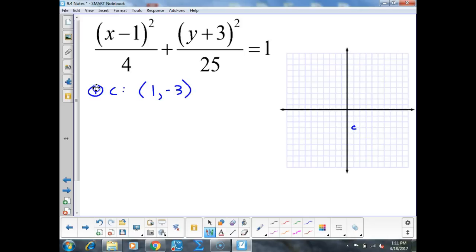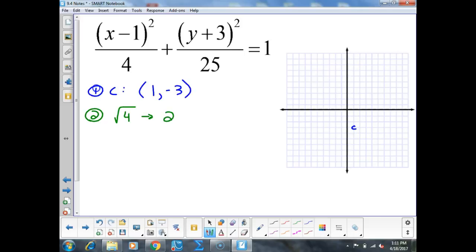Next. What's next? Okay, so what am I looking at? And what do I do with it? And what's the square root of 4?